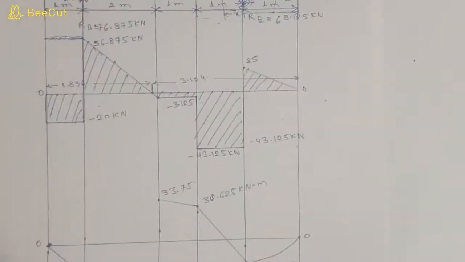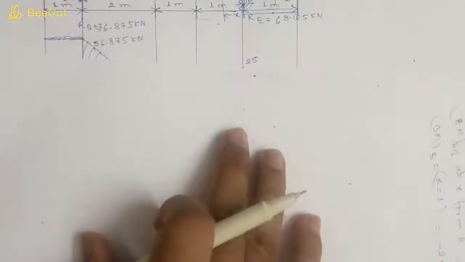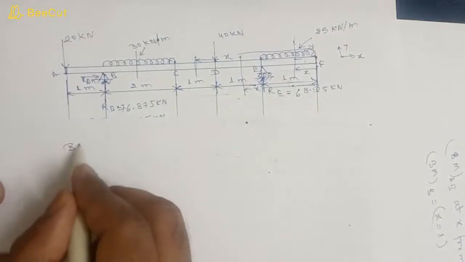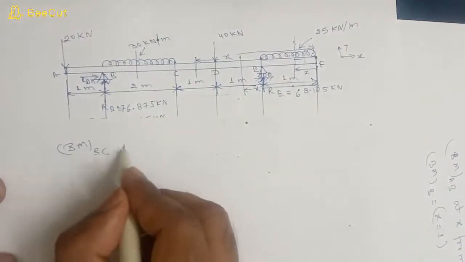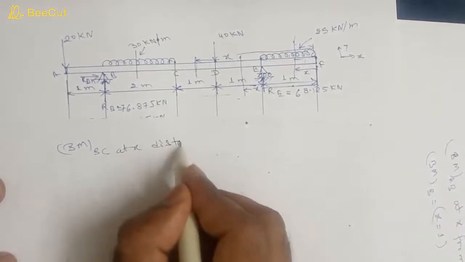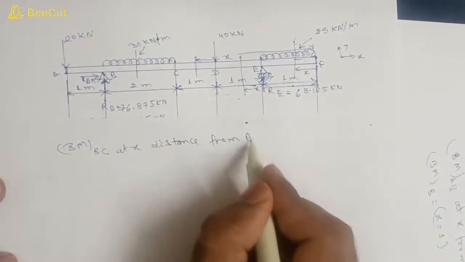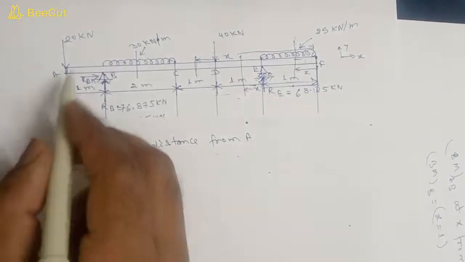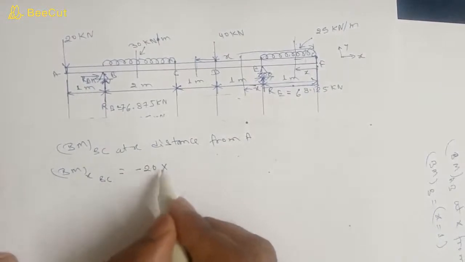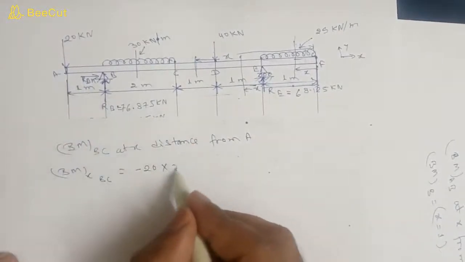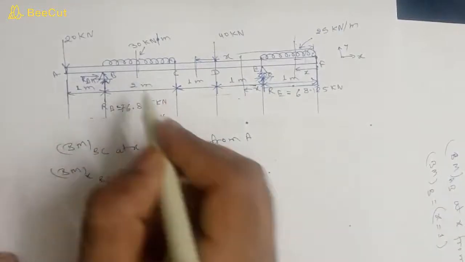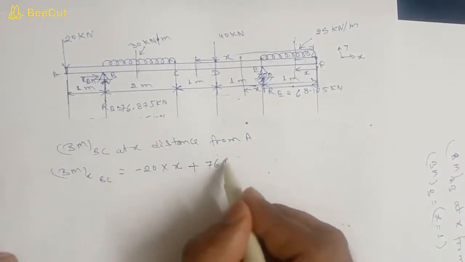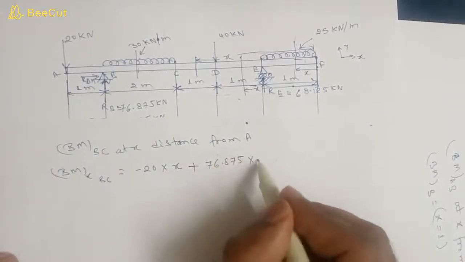Now we will find the bending moment in section BC. So bending moment in section BC at x distance from A will be, bending moment at x in BC will be minus 20 into x, this is distance x, plus this is RB, RB is 76.875 into x minus 1.